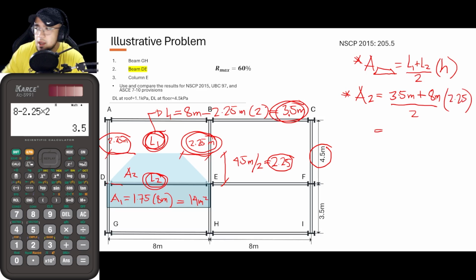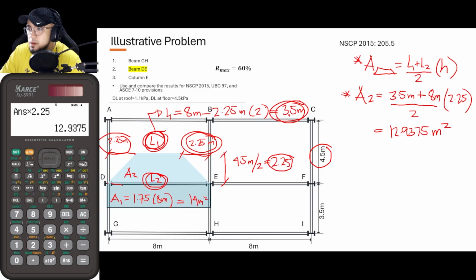So the answer is 3.5 plus 8 divided by 2 times 2.25, which is 12.9375 square meters. Let me double check using my calculator.